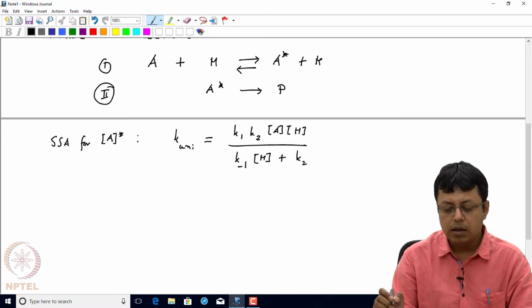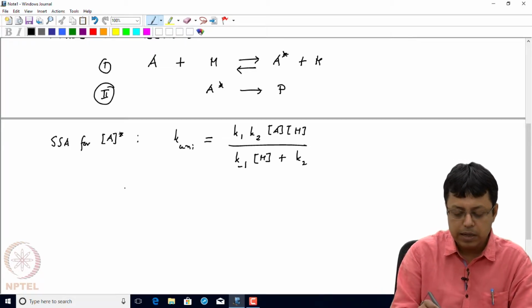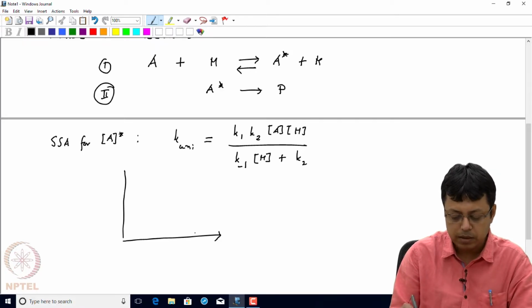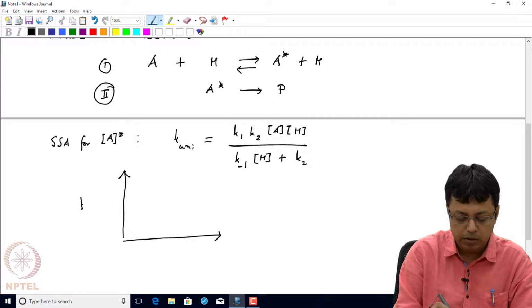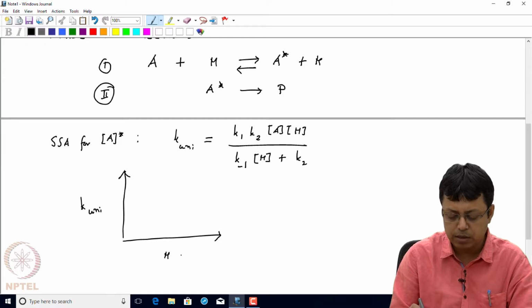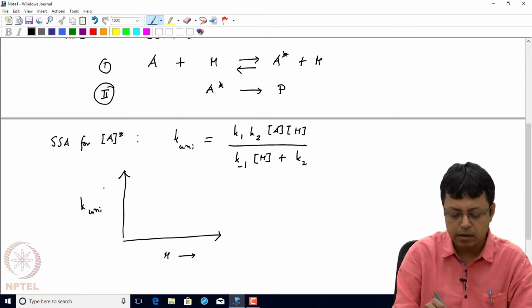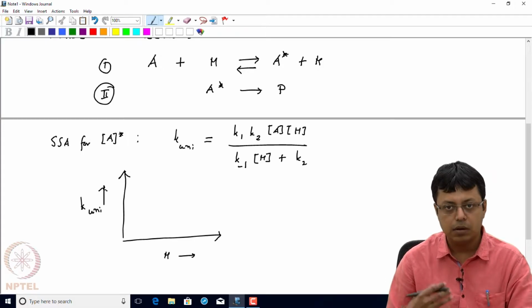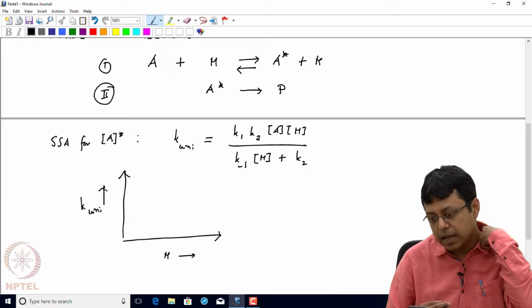What people then did was plot this unimolecular rate as a function of pressure. Pressure of what? You can think of the pressure of the second body M. You can also have inert gases for this reaction, so M can be some other gas molecule.